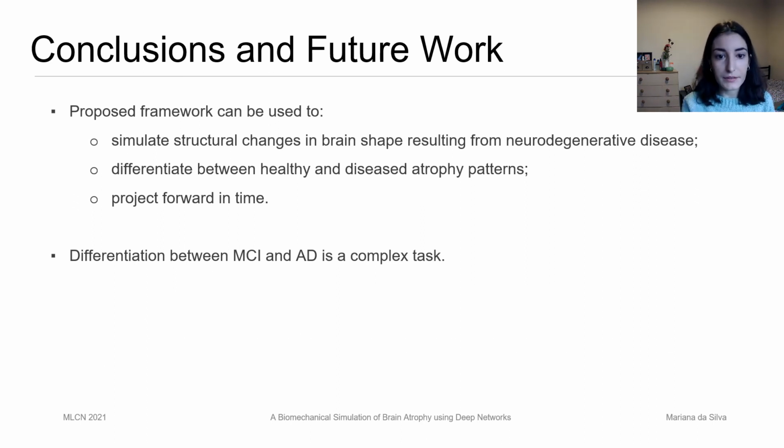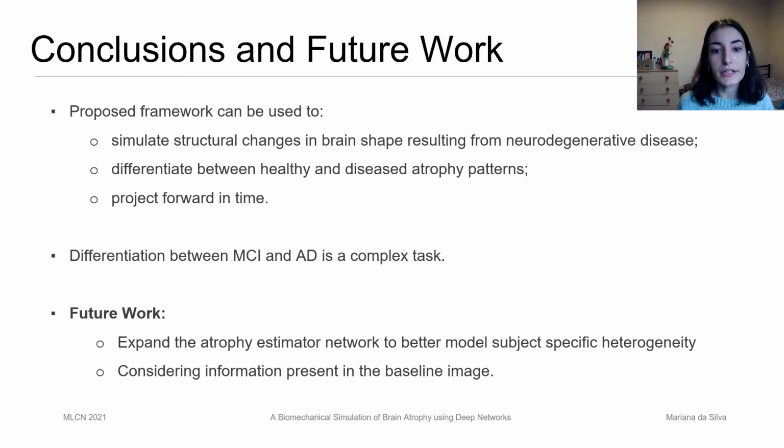differences between classes. However, our goal is to expand the atrophy estimator network to better model the subject-specific heterogeneity, which we can't really model using just demographic data, by considering information that's present on the baseline image for each subject. So in the next stage of our work, we could use the regional atrophy that is estimated from the metadata as a prior, and then incorporate imaging information.